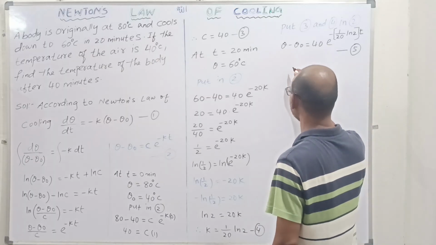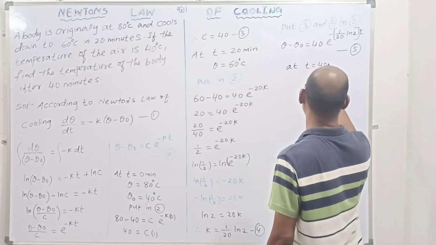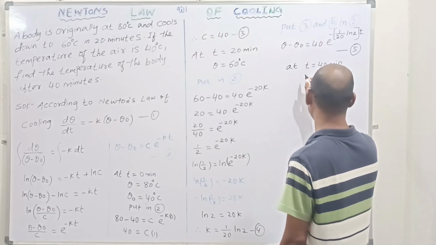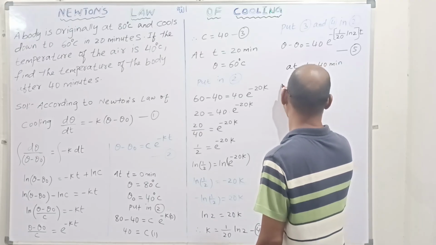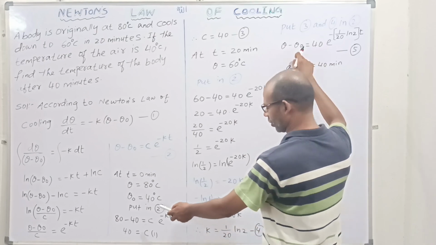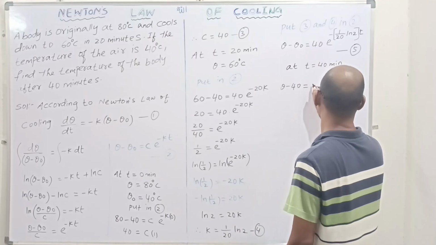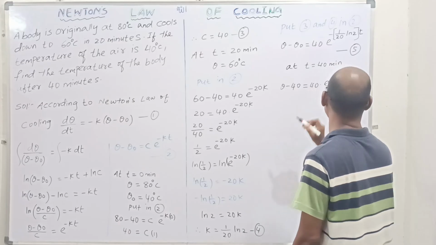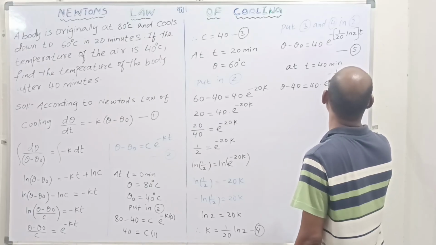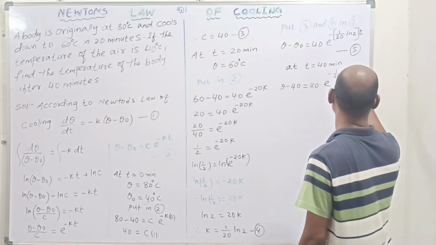Therefore at t equal to 40 minutes, theta minus theta naught, the temperature of the surrounding medium, that is 40, is equal to 40 into e to the power minus 1 by 20 into ln 2 into t. So what is t? t is 40.